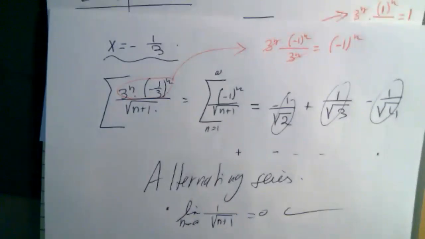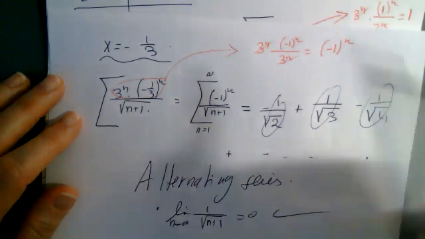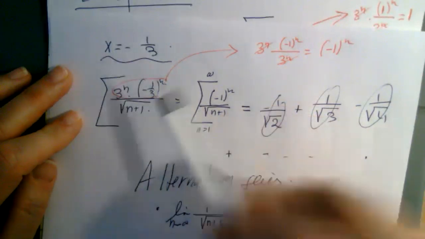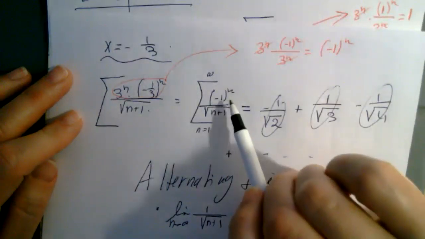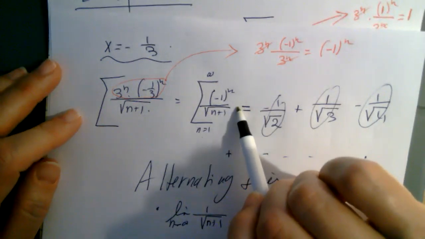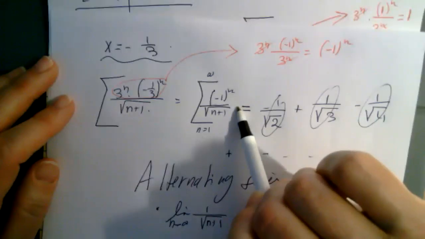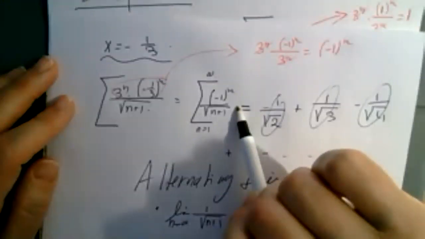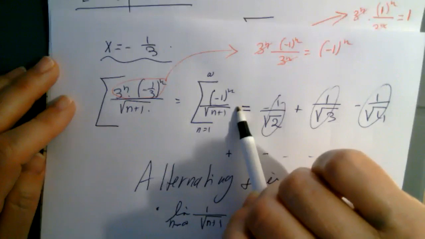Now, a remark before I move on. If you plug in x equal to minus a third, and you get a series, and at this point you use the ratio test, you're going to get 1. If you don't get 1 by the ratio test, it means you're doing something wrong.